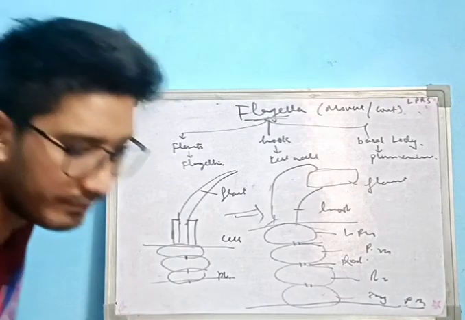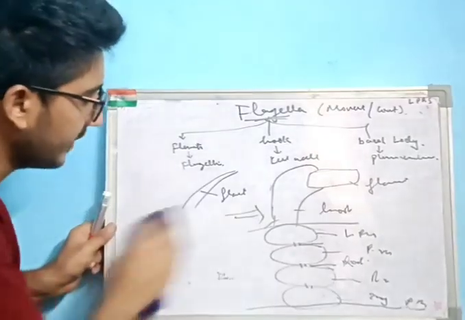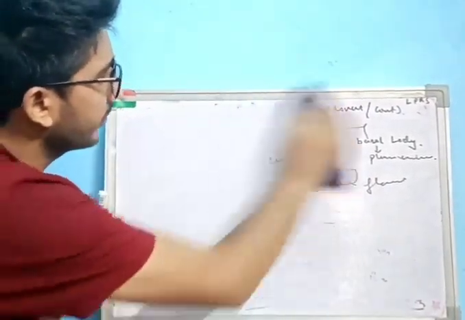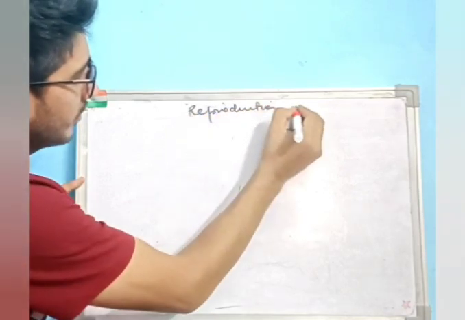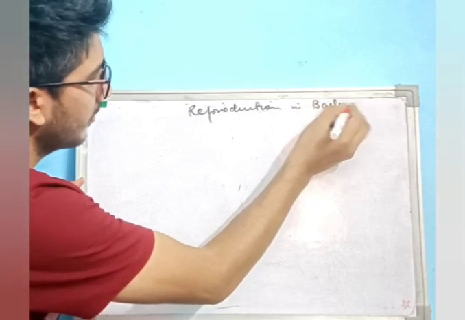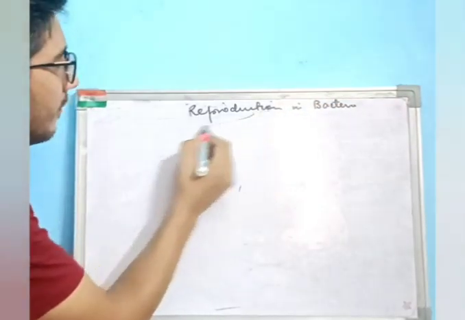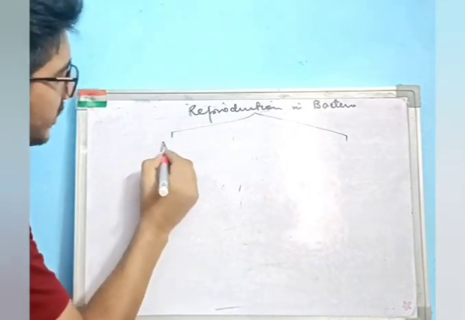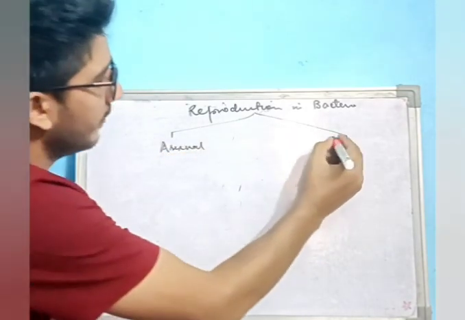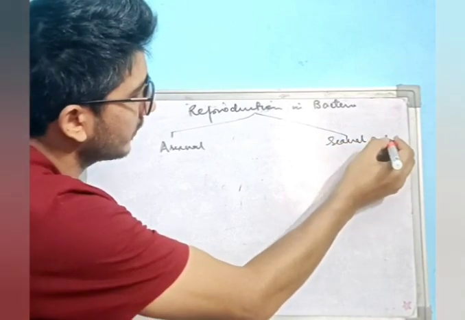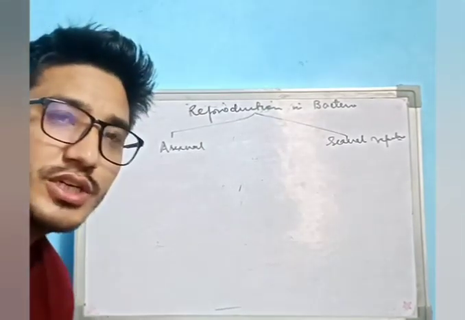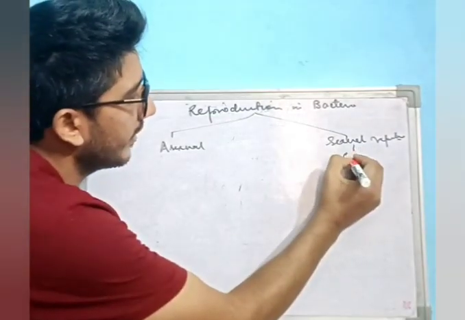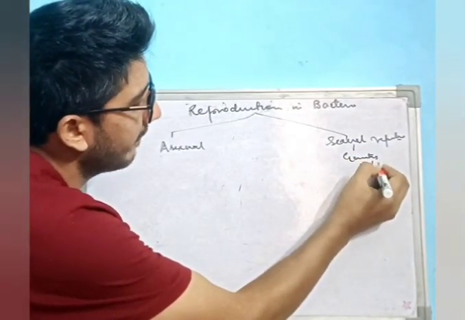So we are continuing with another topic, which is reproduction in bacteria. Generally reproduction is of two types: one is asexual reproduction, another is sexual reproduction. In asexual reproduction there is no meiosis, that means there is no gamete formation, and in sexual reproduction there are gametes, both male and female gametes.